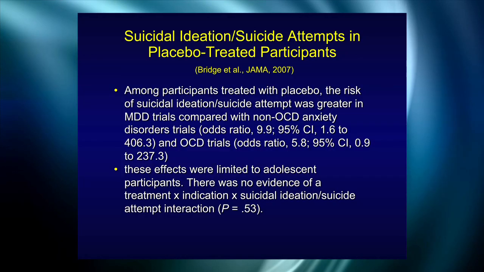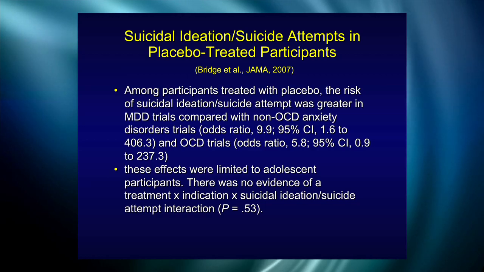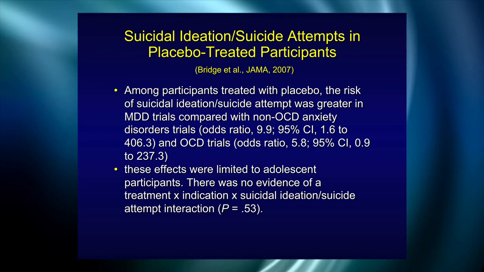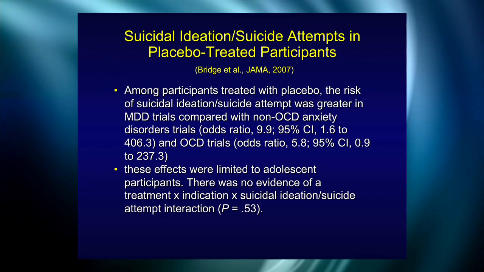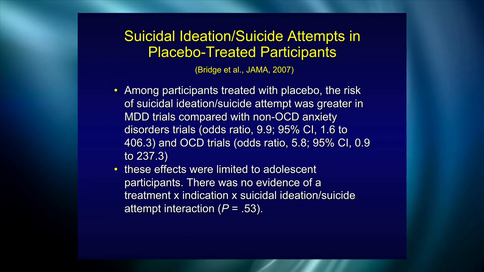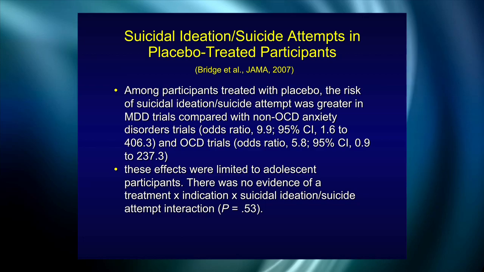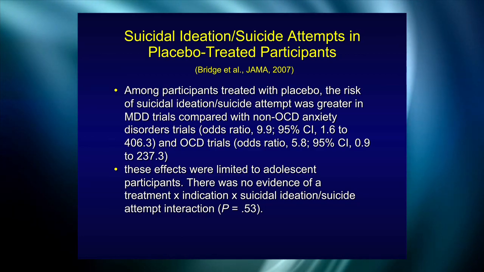One of the other things that's interesting about this whole suicidality rate is it isn't just the drug, it depends on the condition. So it really is only in the depressive treated people, kids who are getting the SSRIs for their depression, where you see that drug placebo difference. You don't see it in OCD and anxiety disorders.